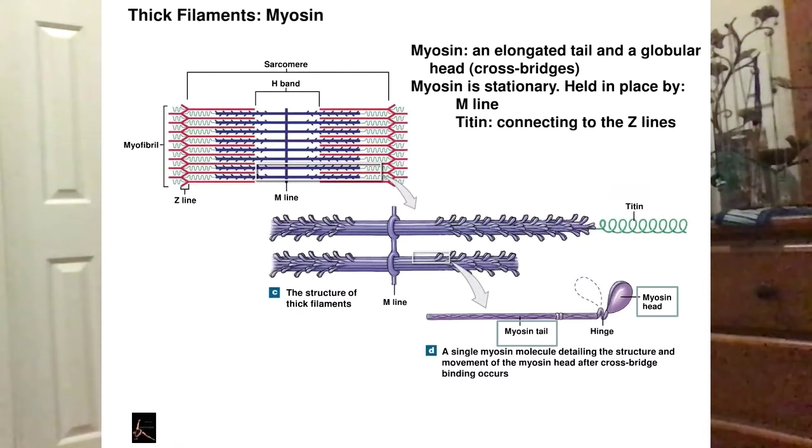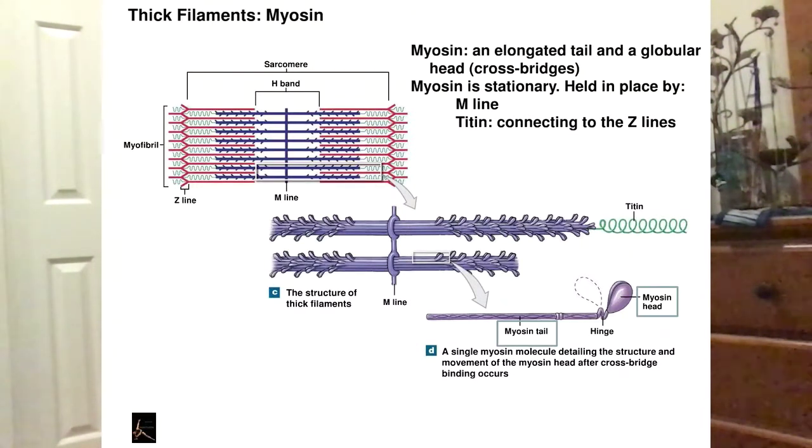Okay, so that's the whole structure, that one kind of club-like structure there. That's a molecule of myosin. But notice and see that those molecules of myosin all bundle up together. Okay, and that's what's forming the thick filaments. And those are attached to one another via the M line. And again, the M line runs down the center of a sarcomere.